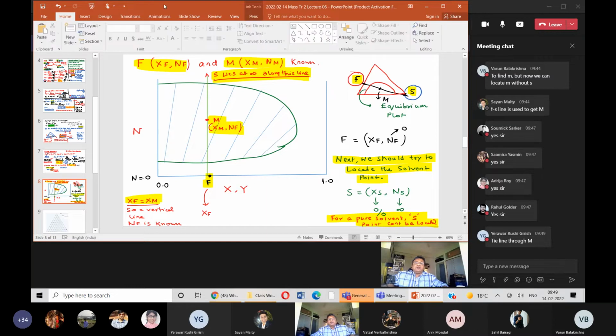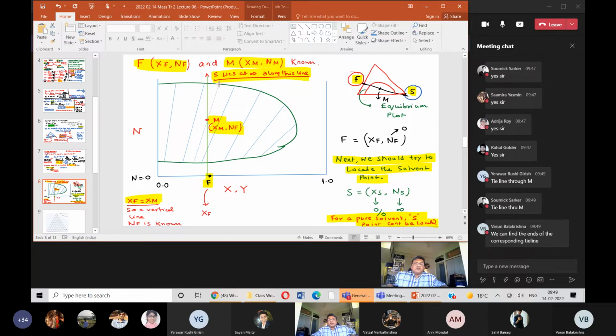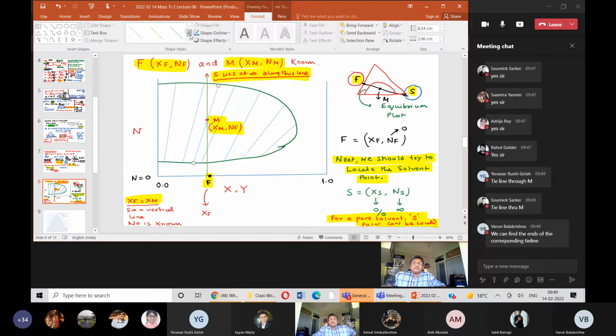So next, all we need to do is to draw a tie line through M. And all those corresponding tie lines, perfect. All of you, whoever has responded has given the correct answer.